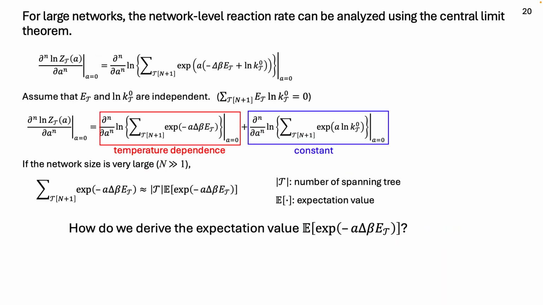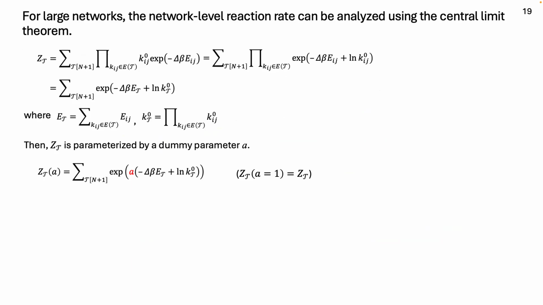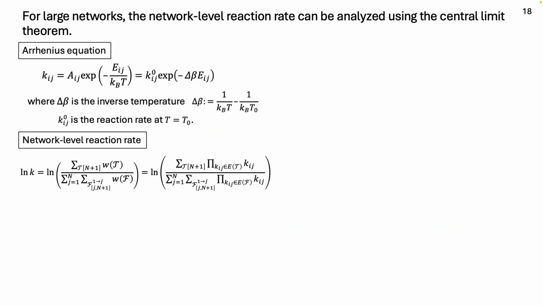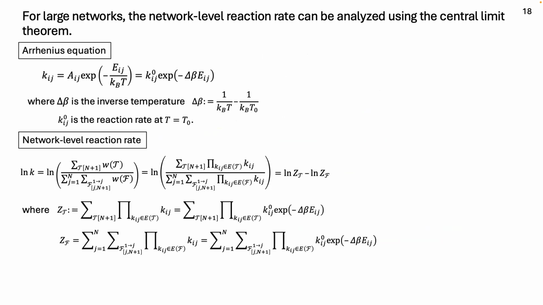We need to use some trick. Here's the formulation, and we already know the network level reaction rate can be written here. And we define the ZT and ZF.